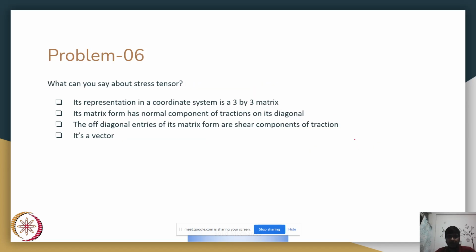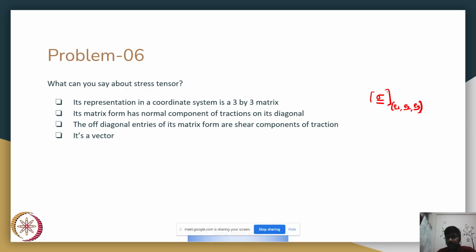Okay, what can you say about the stress tensor? So stress tensor is this, right? If we want to represent it in coordinate system e1 e2 e3, is this representation a matrix for the stress tensor?